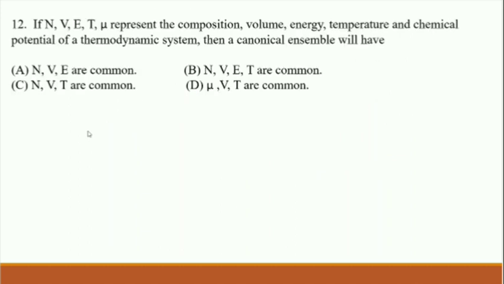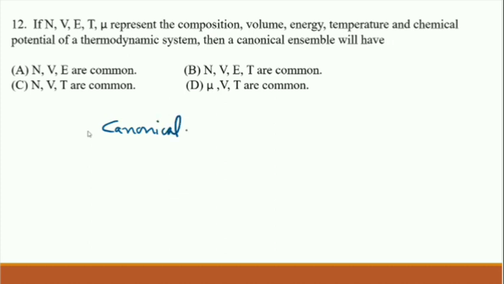12th question. If N, V, E, T, mu represent the composition, volume, energy, temperature and chemical potential of a thermodynamic system, then a canonical ensemble will have N, V, E common; N, V, E, T common; N, V, T common; or mu, V, T common. So what is a canonical ensemble?